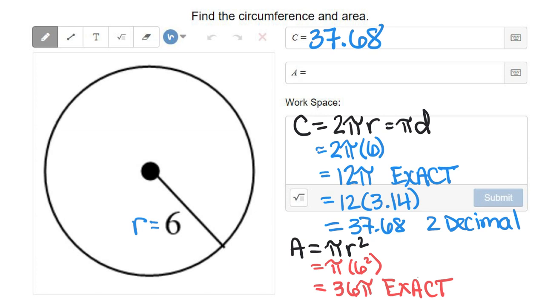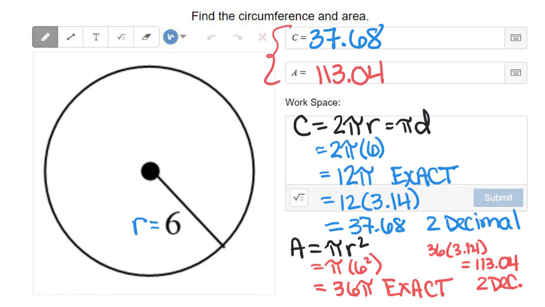And then if I want to round that, I'll have 36 times 3.14. And that is going to give me 113.04 to 2 decimals. Okay, so just pay attention. If I don't give you directions, assume that I want the decimal value.